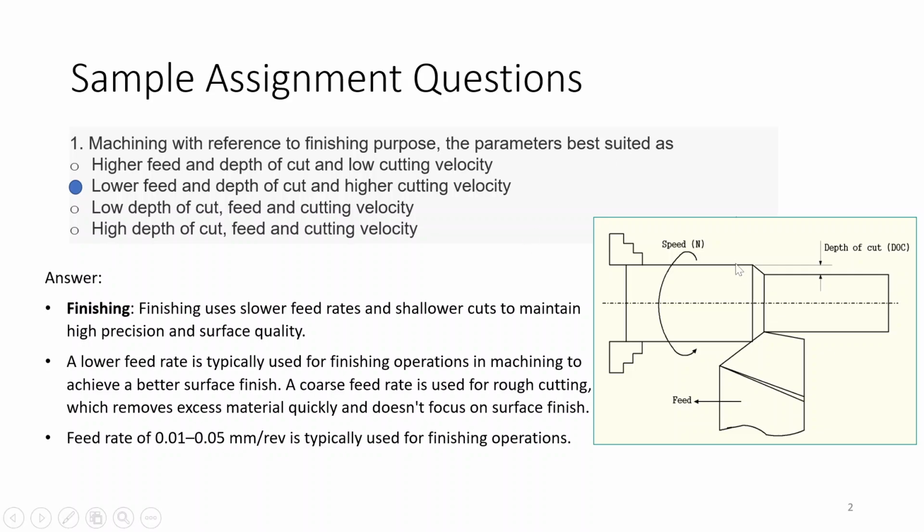Now this is what your tool and your sample look like in the case of a lathe machine or some finishing operations. So this is the stock, whose diameter is being reduced. Let me use the pointer. This is the depth of cut, which will be lower, and the feed is per revolution.